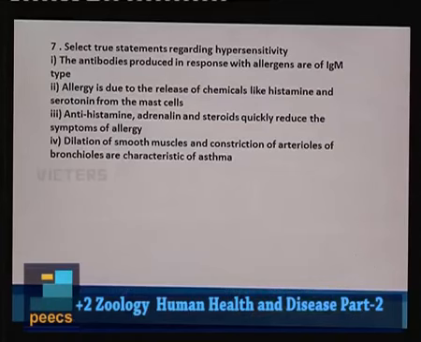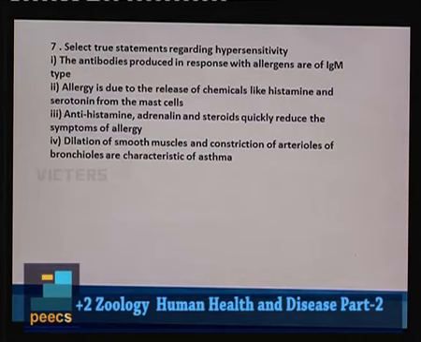Question number 7, select the true statements regarding hypersensitivity. What is hypersensitivity? It is an allergic response. Statement 1, antibodies produced in response to allergens are IgM. That is wrong, it is IgE that is involved in allergy.